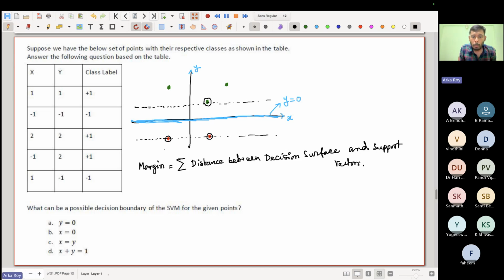And if you have a copy of a support vector, for example, they are at the same location, you just omit one of the support vectors. Okay, because they are at the same position, so their effect is the same.